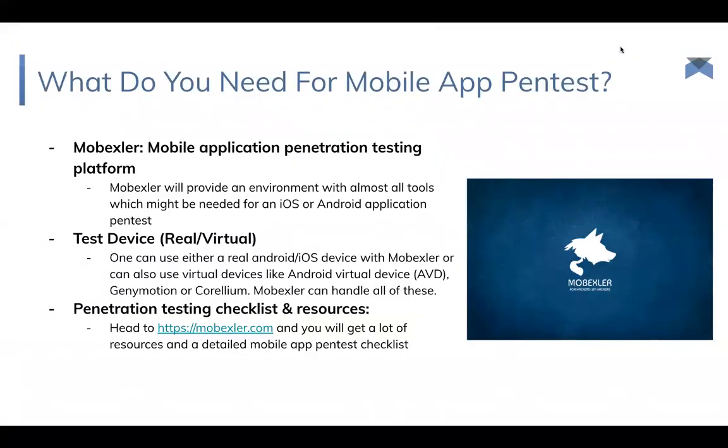Now, one core question that someone starting in mobile application security always asks is what do you need for a mobile application pen test, right? The prerequisites, as we say in simple terms. First of all, if you are a beginner or just starting in mobile application security, I will say you should first have the Mobexler platform.